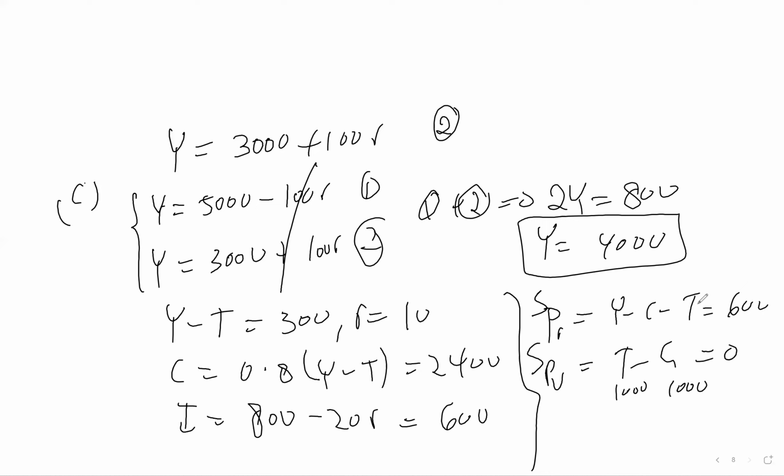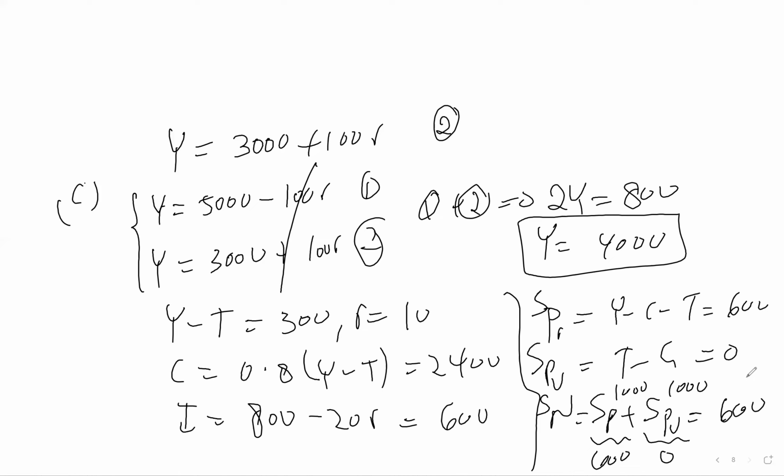So the government doesn't save anything, because whatever it earns as tax, the government uses as its purchases. And therefore, we know that the national saving is equal to private saving plus public saving, and that is equal to 600, because the public saving is 0. So the national saving is 600. So these are the items that you are asked to calculate.